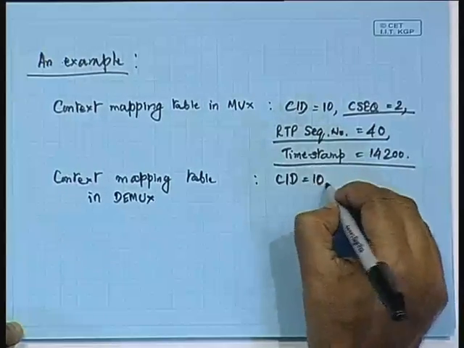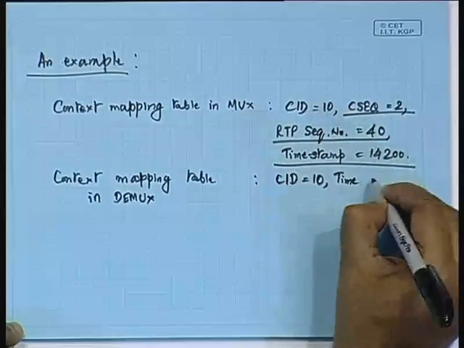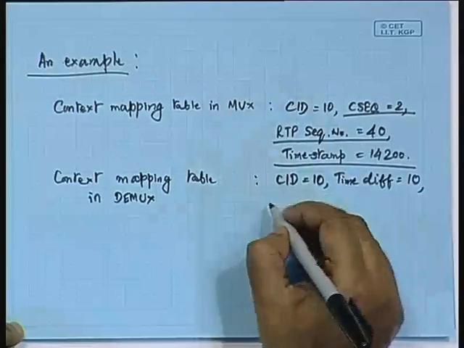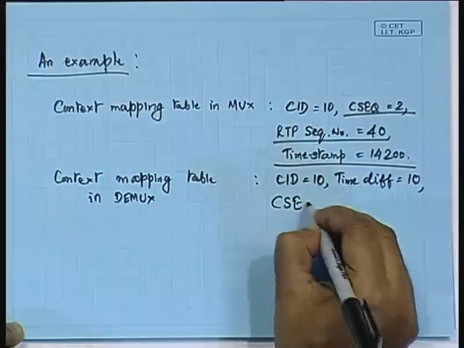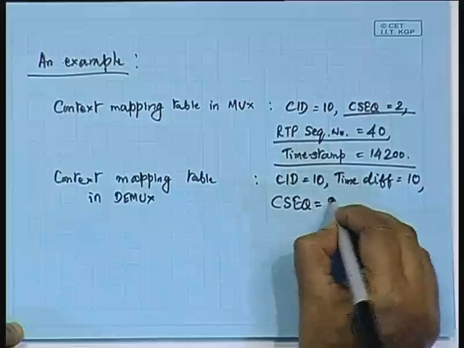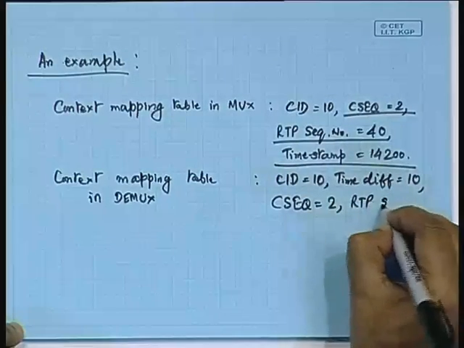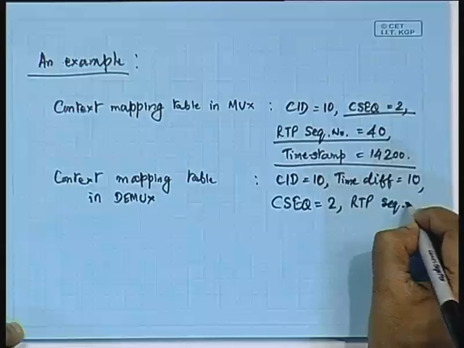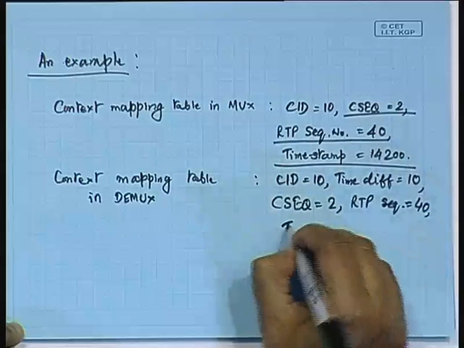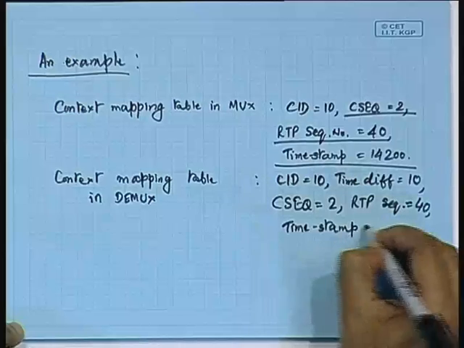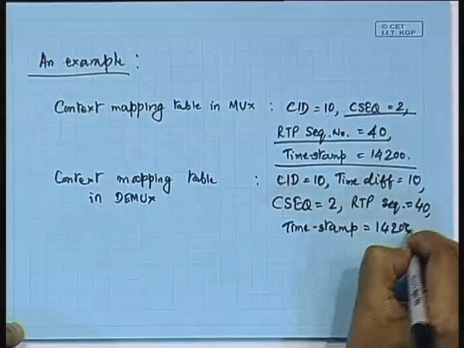Say the time difference is equal to 10. Then the C sequence is equal to 2, the RTP sequence number remains the same, 40, and the timestamp is 14,200.